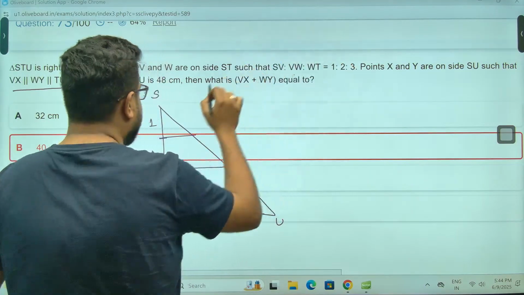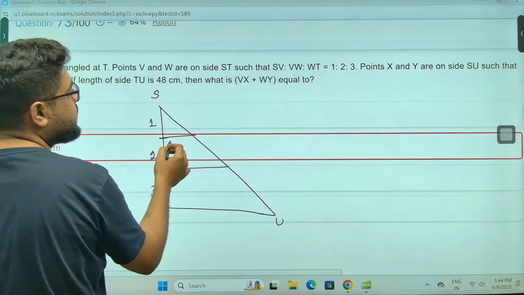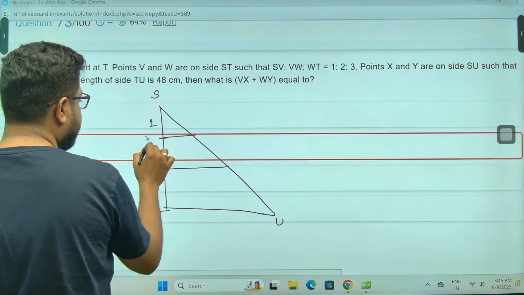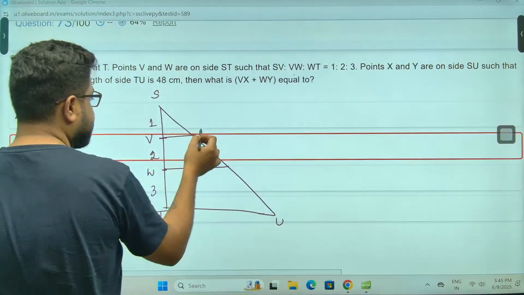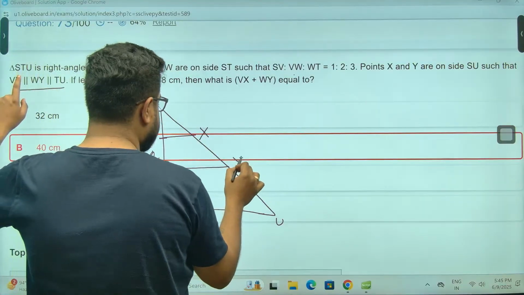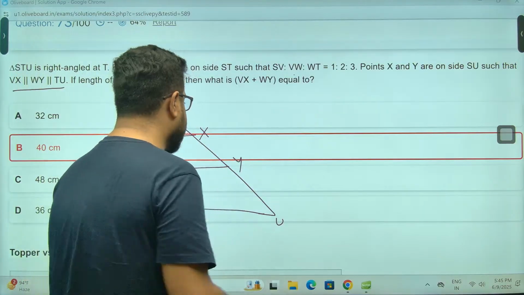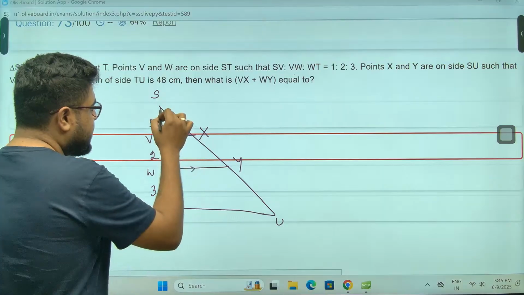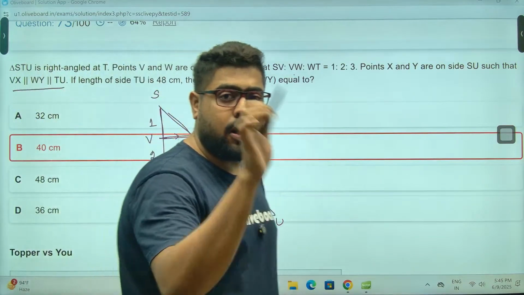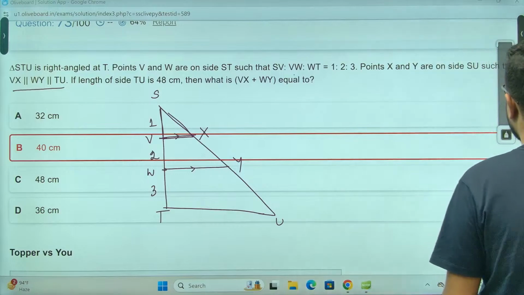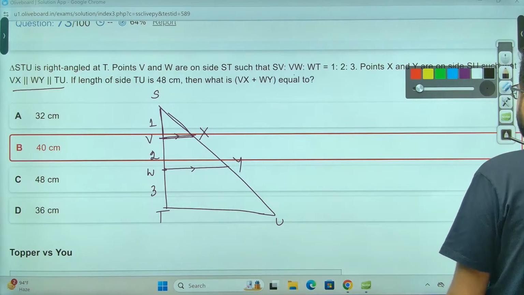And X and Y are on SU such that VX, WY and TU, these three are parallel. Meaning the small triangle, the medium triangle, and the large triangle are all similar to each other.